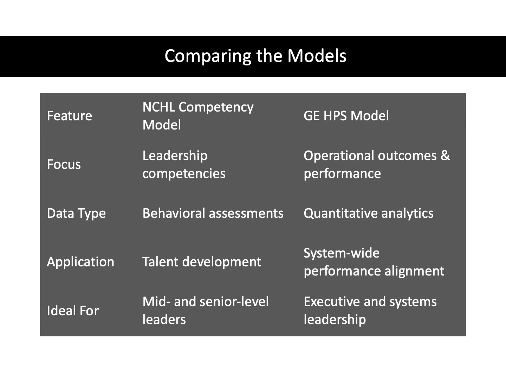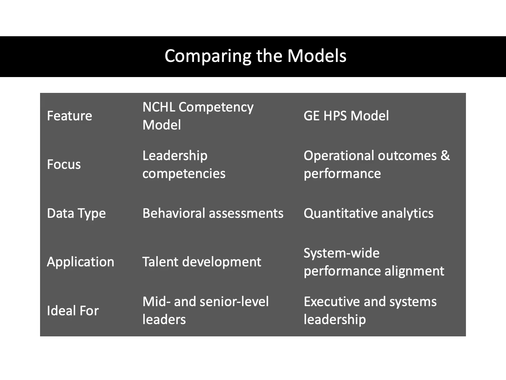Comparing the models, the table. So looking at the NCHL competency model, the focus of this model was the leadership competencies, while for the GE model, operational outcome and performance was the main focus. As far as the data type, NCHL used behavioral assessments, while the GE model used quantitative analytics such as measurements.